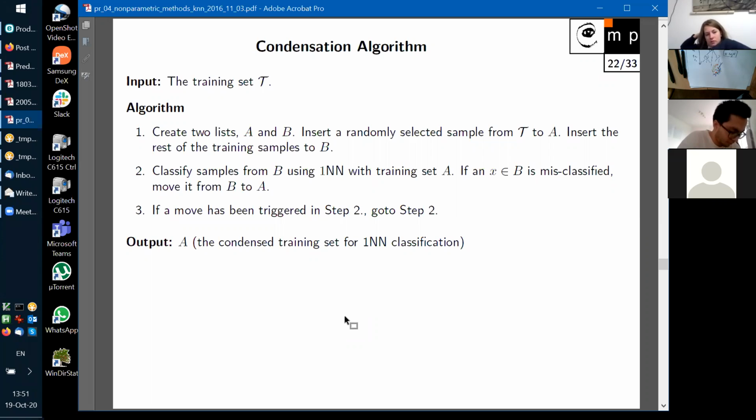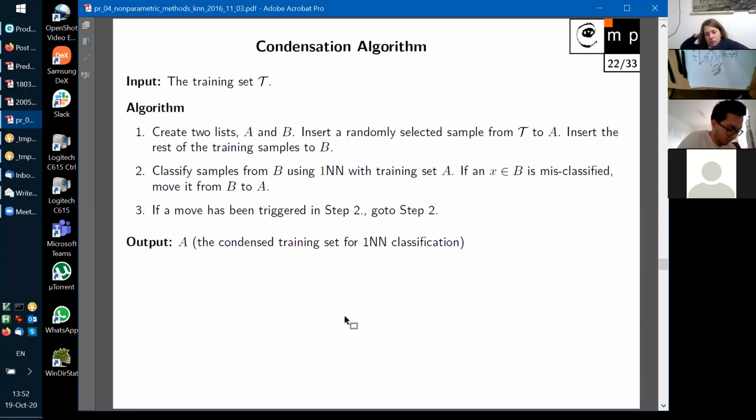Now we proceed as follows. Classify samples from B using one nearest neighbor with a training set A. If a sample from B is misclassified, move it from B to A. Then do this until you run through B and everything is correctly classified.